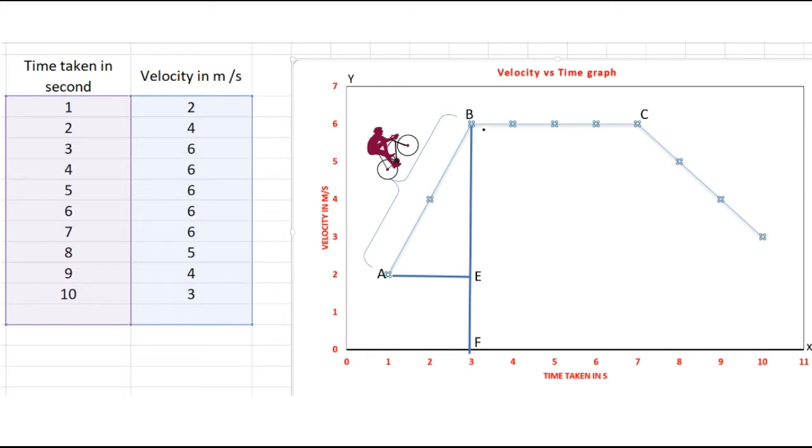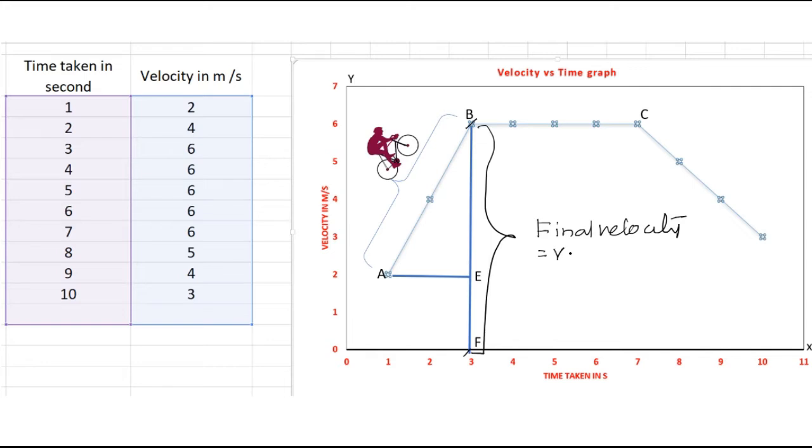Now what does FB represent? The entire length of this FB represents the final velocity. And what is the notation for it?